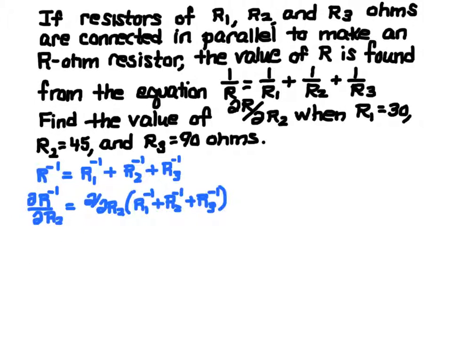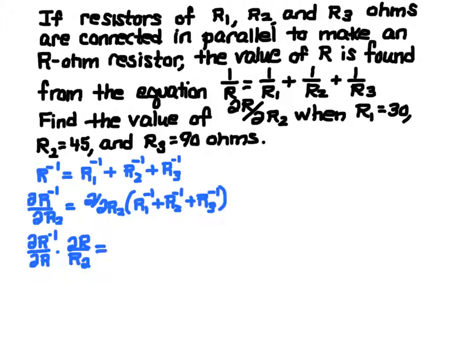So we have to use a chain rule here. So first we have to take the derivative of R to the negative 1 with respect to R times the derivative of R with respect to R2. That's the chain rule.